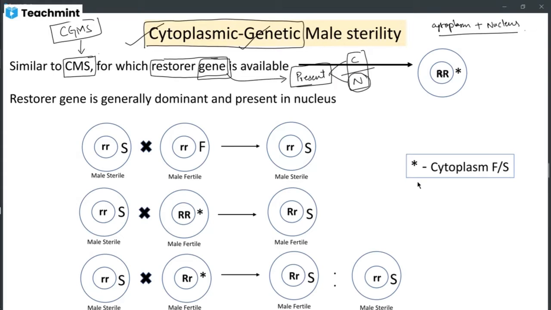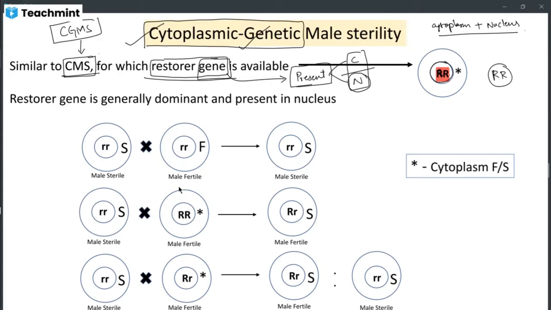This is the condition of your restorer gene, capital R, capital R. CGMS system is similar to your CMS system, that is, cytoplasmic male sterility. The only thing is that your restorer gene is present in the nucleus. And the restorer gene will be in the dominant homozygous condition. The restorer gene is dominant, and hence we represent it by the capital letter.